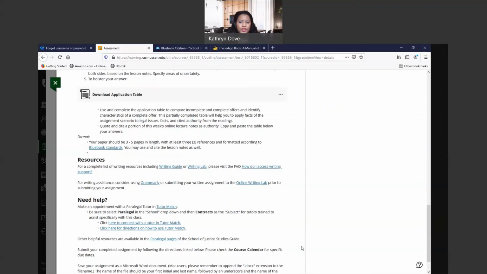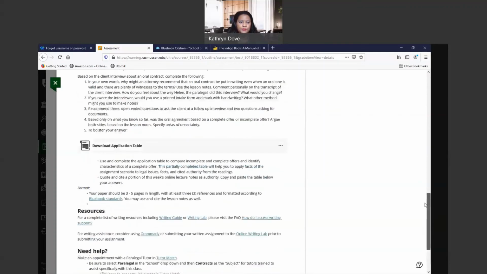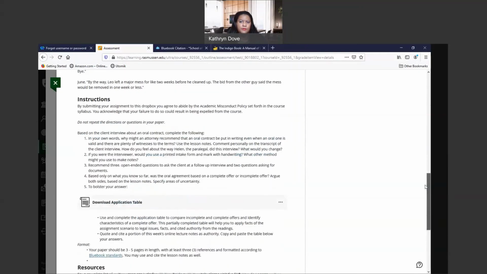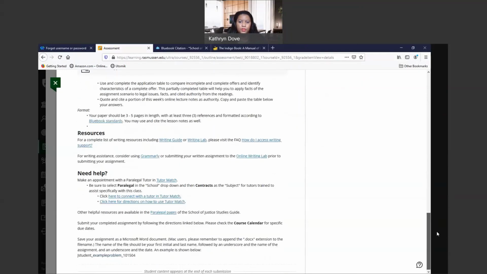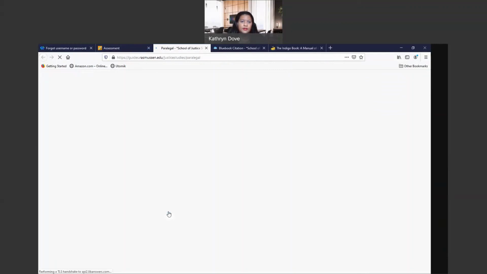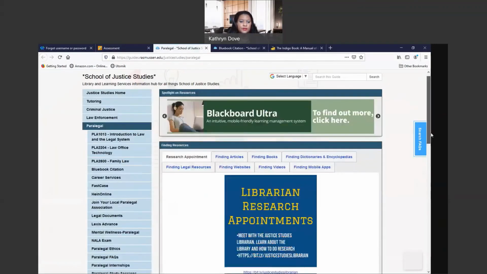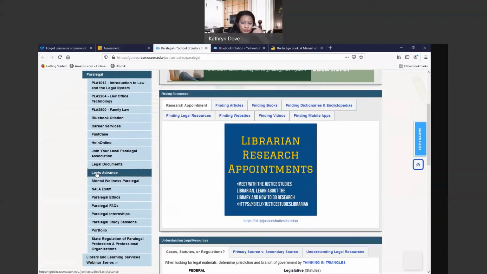Now, how would you find resources? Well, you might do research using Lexis or Fastcase. Again, I'm clicking on the legal resources, looking at Lexis Advance.